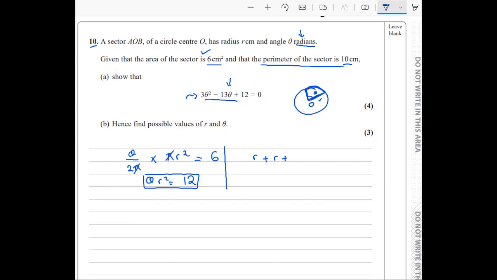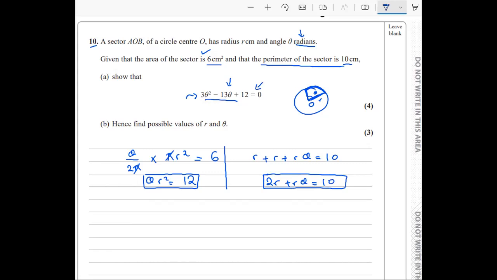Okay, and how do we find arc length? By r theta. Do you know that formula r theta? Yeah. Okay, and this equals 10. Okay, now we are getting 2r plus r theta equals 10. So these are my two equations which I need to use in order to get this.